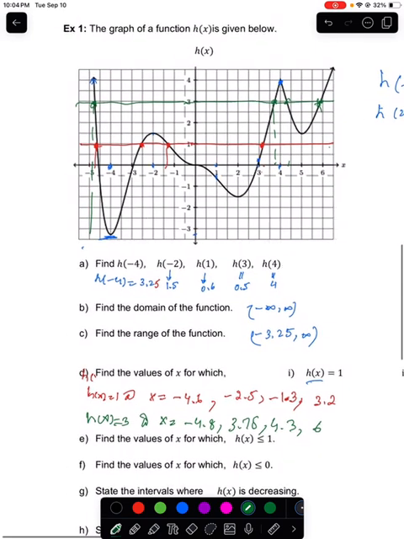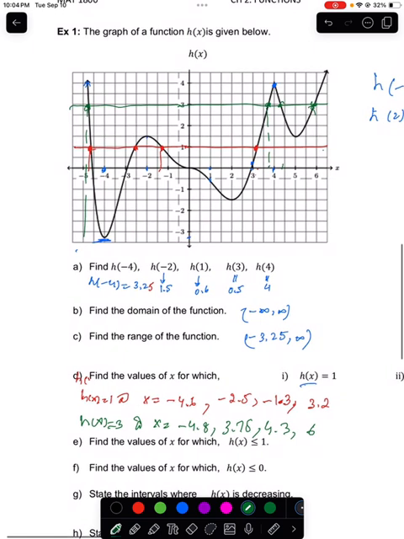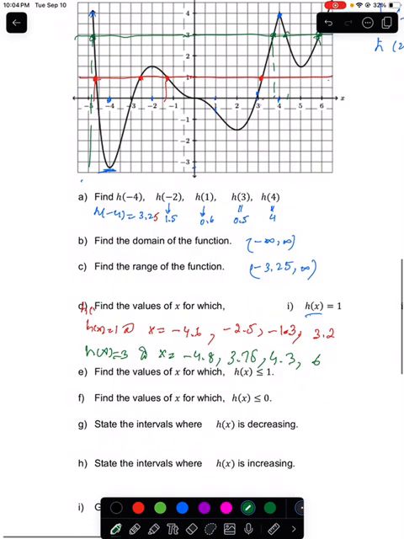So it will be starting at the first, negative 3.2, sorry, negative 4.6. So negative 4.6. Now we will include this value because it says less than or equal to.